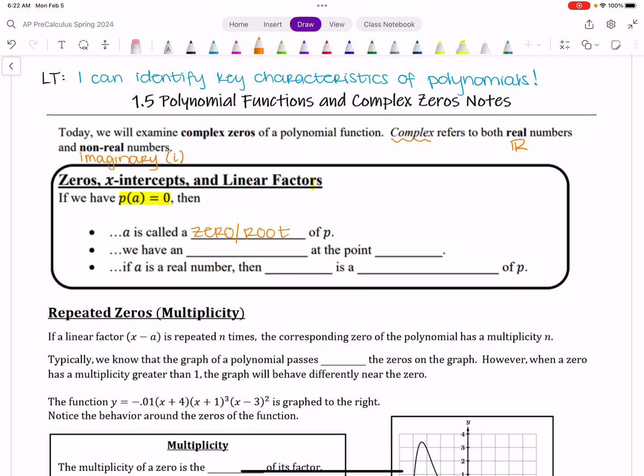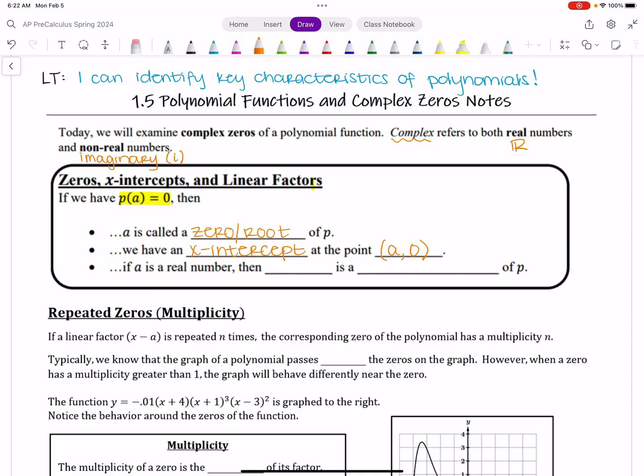Which, remember, a zero is the same thing as an x-intercept. And we will have an x-intercept at the point (a, 0).